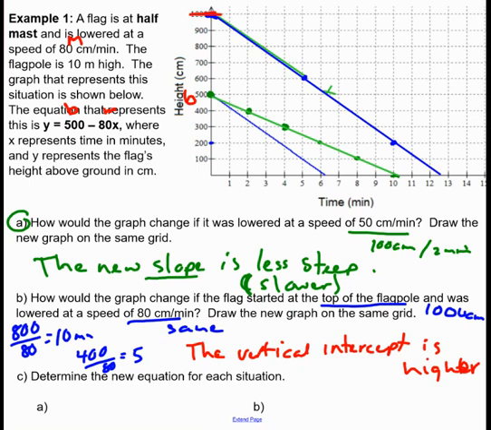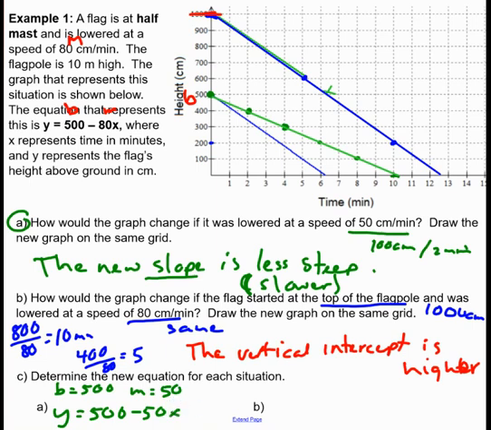So in A, we had the same starting point. We had a new slope. And so we could say y equals 500 minus 50x.